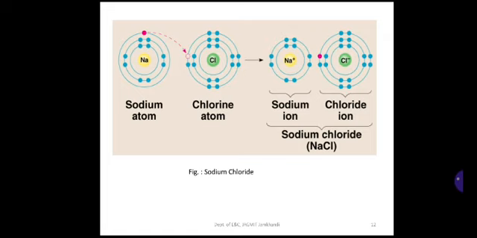However, ions have net electrical charges after the electron exchange. So the Na plus ion has a net positive charge having lost an electron, and the Cl minus ion has a net negative charge having gained an electron.